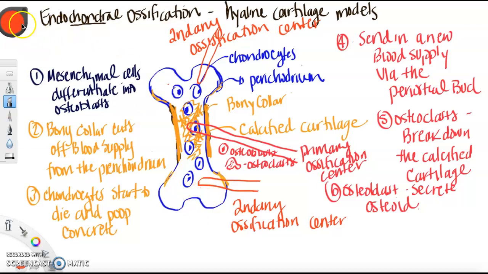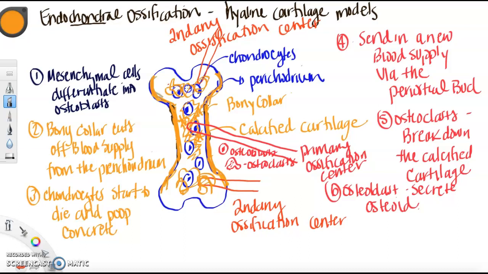So what's left when you're born? You have compact bone on the periphery of the whole bone here, and then spongy bone in here, spongy bone in here.